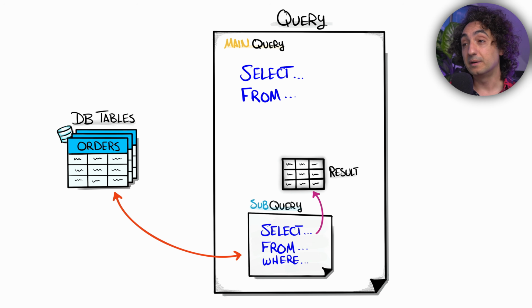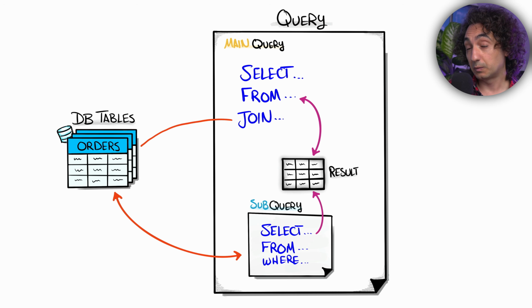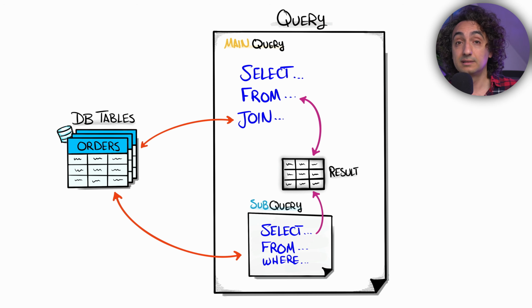What can happen is the result can stay inside the query as an intermediate result, and then our main query can go and start interacting with this intermediate result from the subquery. So the main query is gonna do some kind of operations on top of this intermediate result and use it for filtering or joining or any purpose, and still the main query can go and query the original database tables.